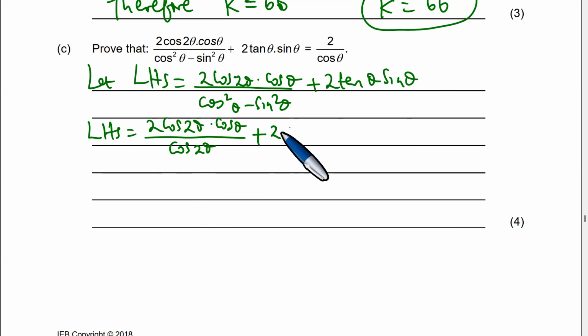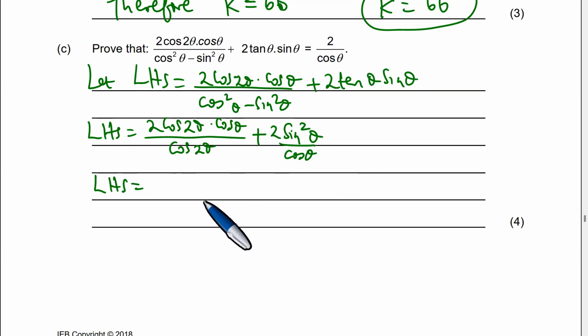Tan theta is sine over cosine, so this one is going to be sine over cosine. Sine times sine is like sine squared theta over cosine theta. The left-hand side is the same as.